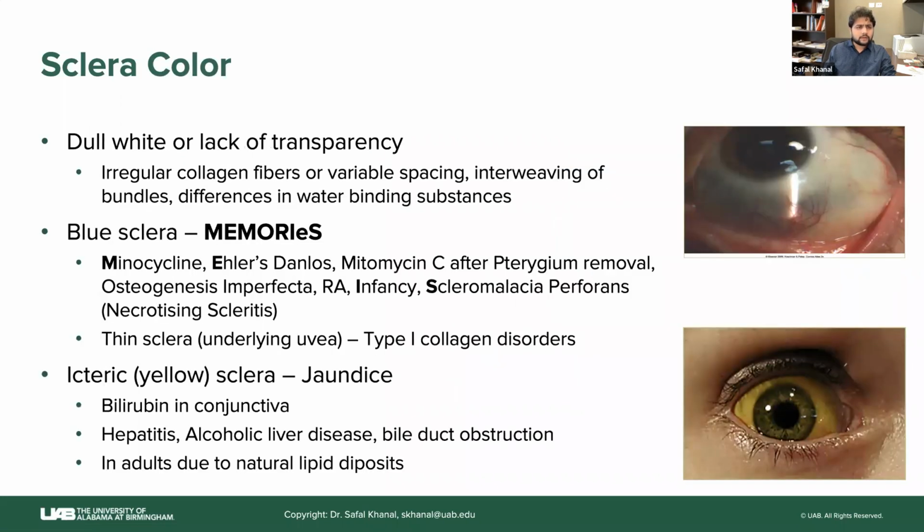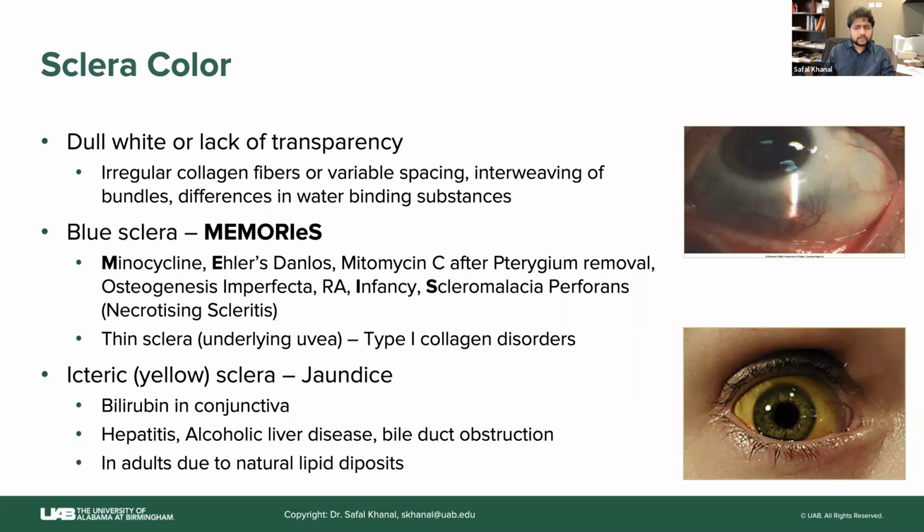Now, the color of the sclera is mostly defined by the arrangement of the collagen fibers. If the sclera is dull white or lacks transparency, it is often due to irregular fibers or variable spacing between the fibers. There may be differences in water-binding substances like GAGs in the sclera, which can also lead to these color differences or a dull white appearance of the sclera.